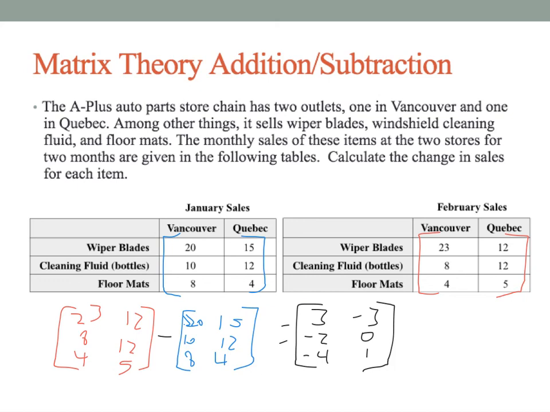We have a lot of negative numbers in this matrix. The only thing that's positive here are the wiper blades sold in Vancouver, and the only other increase were the floor mats sold in Quebec. But that's just a basic word problem with some matrix subtraction. And coming up next, we're going to do some multiplication.